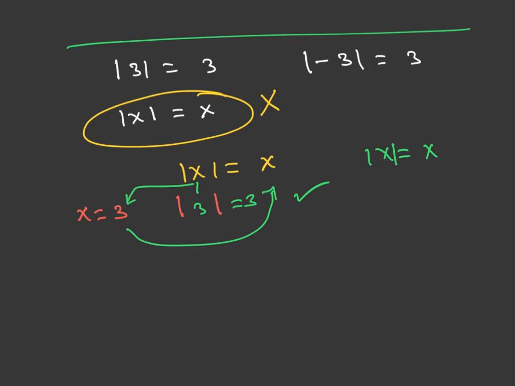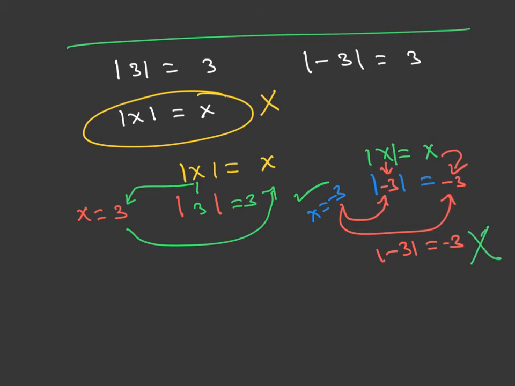What if x is negative 3? Then according to your definition, I'm just filling in x's. Your x value is negative 3, which means absolute of negative 3 equals negative 3. We know this is a wrong definition.